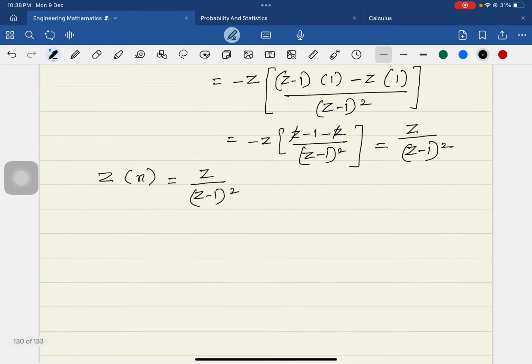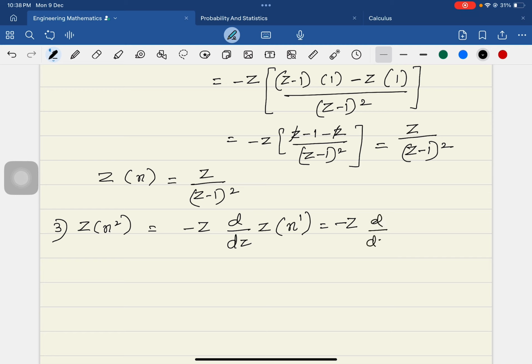Now if we want to find out what is Z of n square, that's the third one, let us say, that is again by using the formula minus z d by dz of Z of n power 2 minus 1, that is n power 1. Now we know Z of n is z over z minus 1 the whole square.